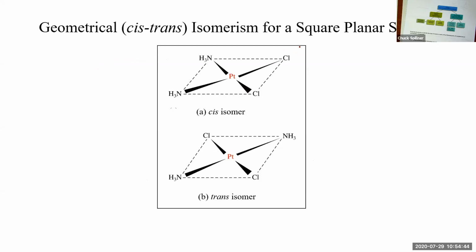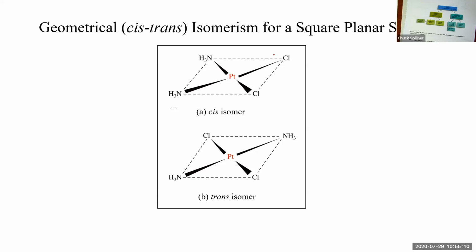Here's an example of cis-trans isomerism in square planar. This only occurs in square planar and in octahedral. It's not going to happen in tetrahedral, so you can't get cis-trans isomerism in a tetrahedral structure. In a cis isomer, here we have two chlorines, two amines.